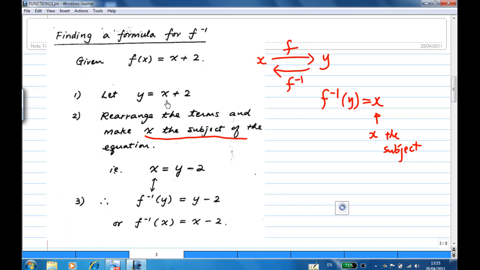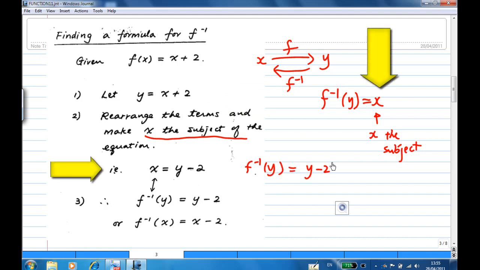So we make x the subject here: x equals y minus 2 in this case. So the formula is f inverse of y equals y minus 2. And then finally, if you want to change the symbol, you can say f inverse of x equals x minus 2 by changing y to x.